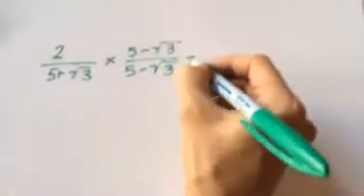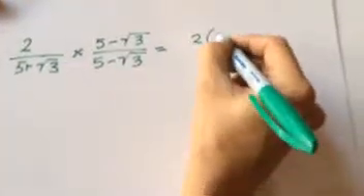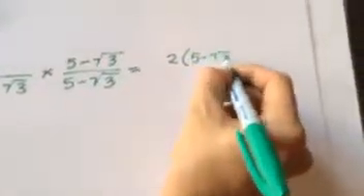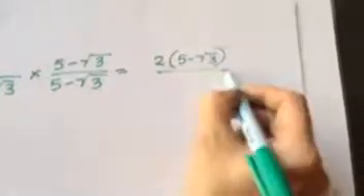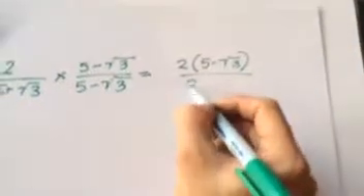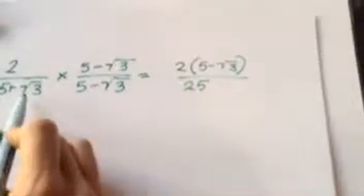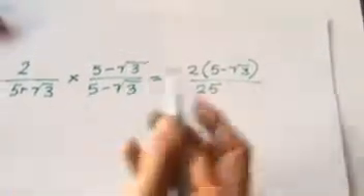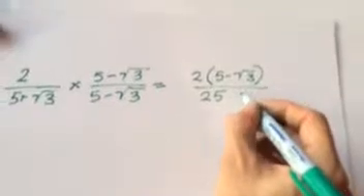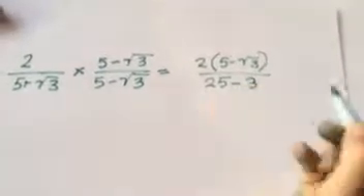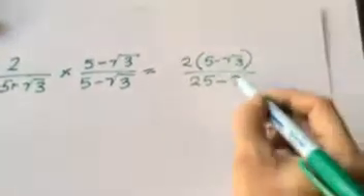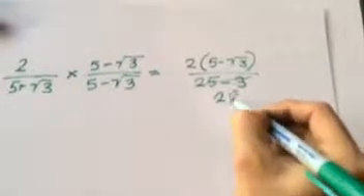And that equals 2 times 5 minus the square root of 3 over 25, and the square root of 3 times the square root of 3 would be 3, so minus 3, which equals 22.